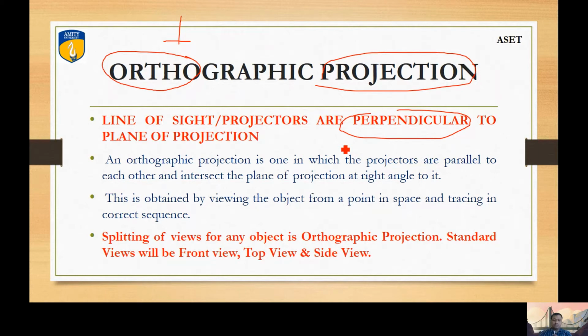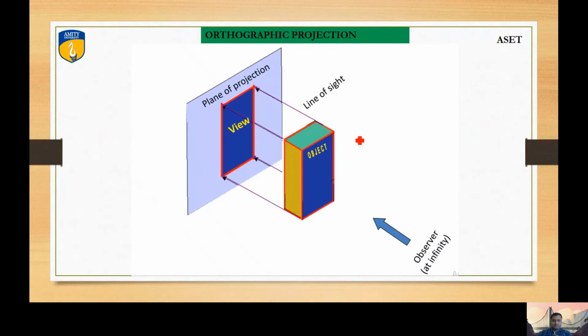When you see any object, the ray of sight or the projector should fall perpendicular to the plane. And obviously they are parallel to each other because this is the classification of parallel projection. So the projectors will be parallel and normal, or perpendicular, to the plane of projection, right? From this image you can clearly understand the concept of orthographic.